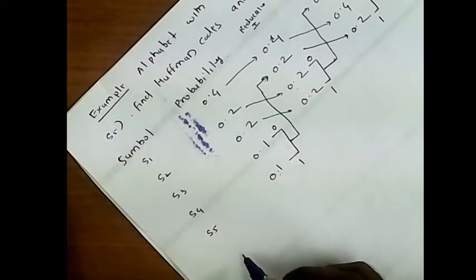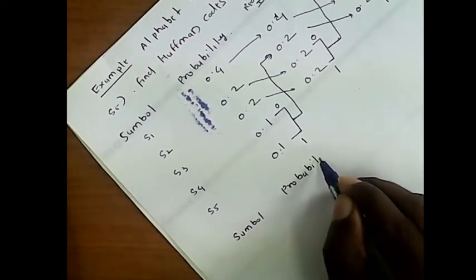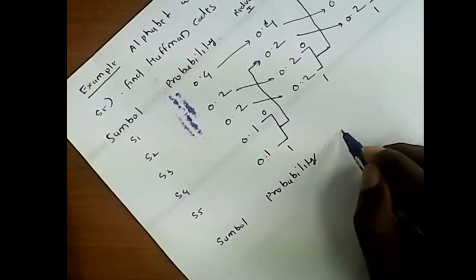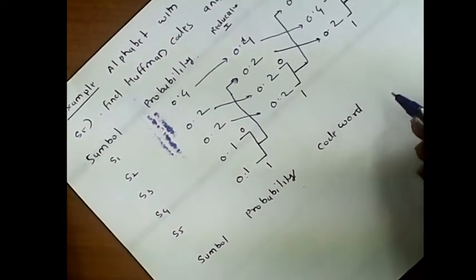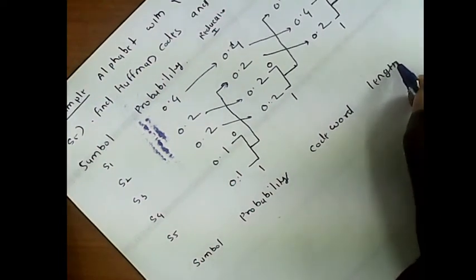Now we write down the code words. We write down the symbol and its probability in a table format, for better understanding. Then the code word and the length of the code word.